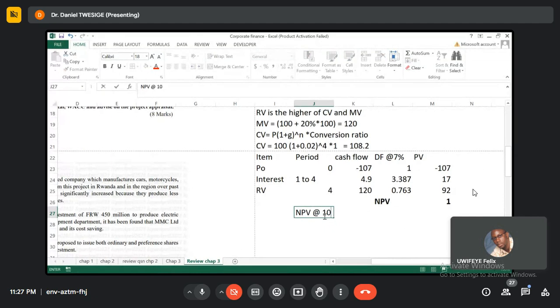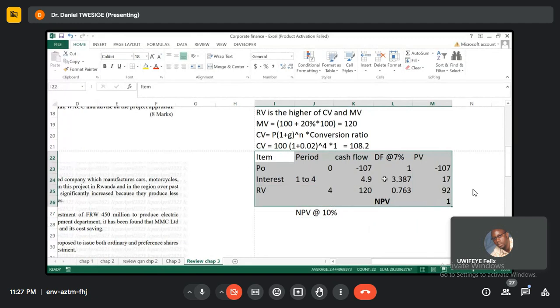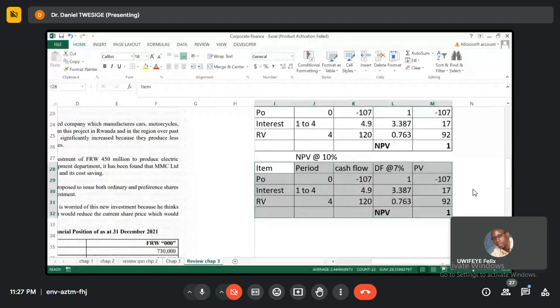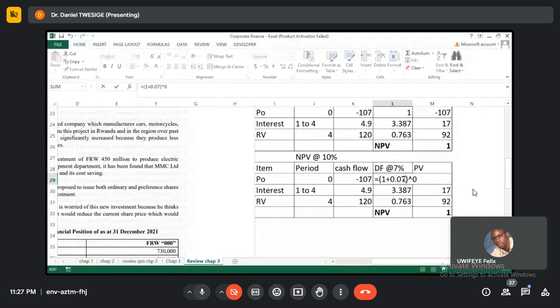Yeah, let's try 10%. So we are changing this to 0.1. Change this. The NPV is 2, not 1. It is 2. Yeah.